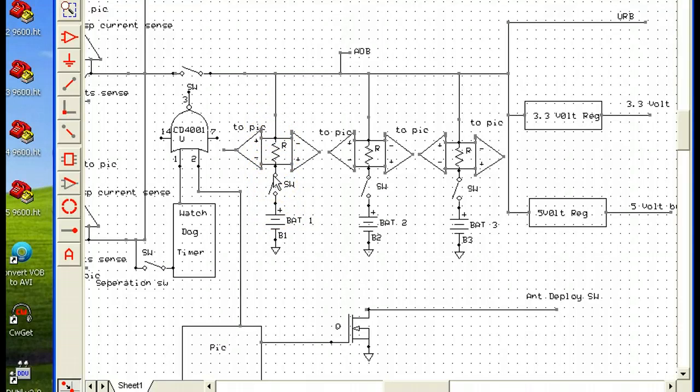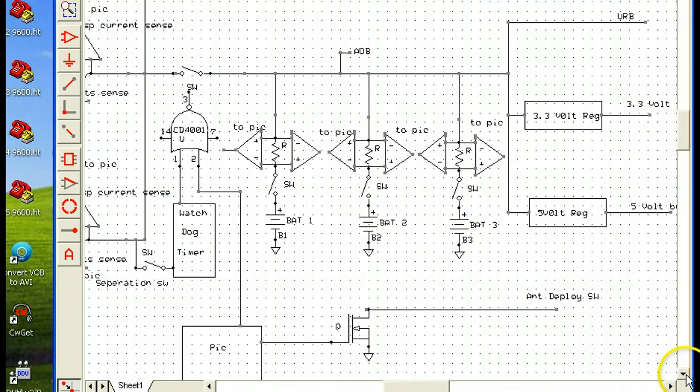Since our PIC can only convert analog to digital in positive voltage, if you notice, these op amps are reversed. When voltage is flowing in this direction, the battery is supplying voltage to the bus, and we generate a positive voltage on this operational amp. The reverse is true: if we're charging the batteries, this gets positive.